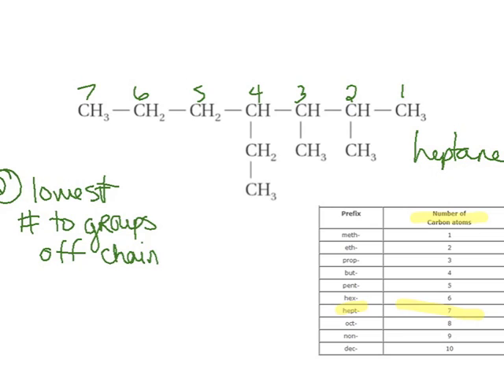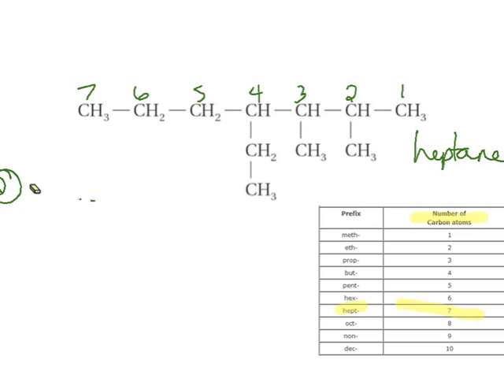The next thing that we need to do, step number 3, is to add numbers to the substituent groups. Anything hanging off is a substituent group.